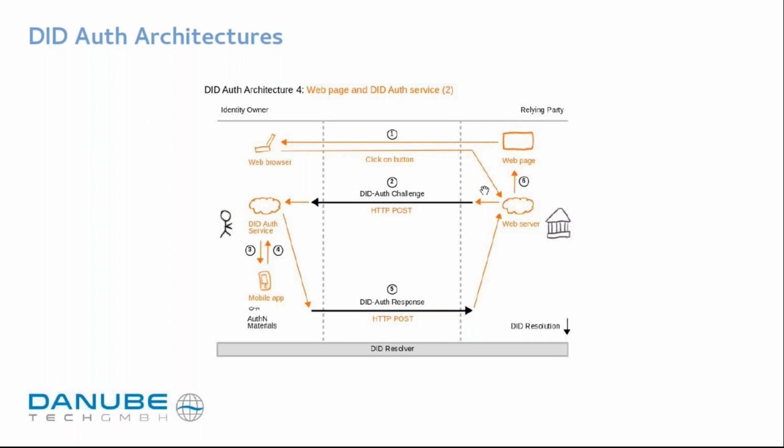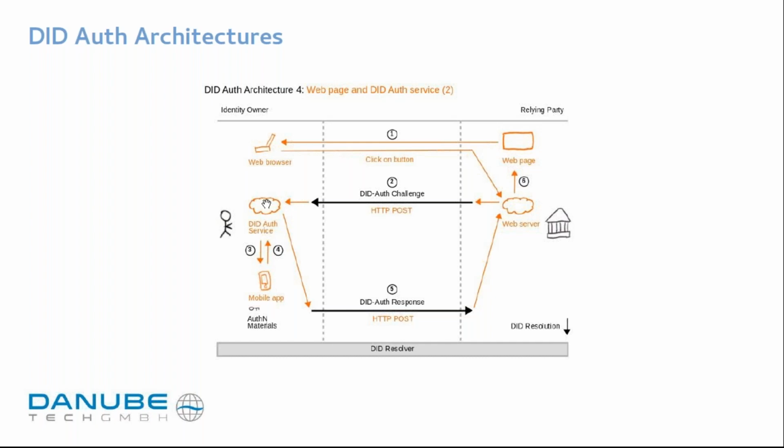Inside the DID document, there is this service endpoint where the relying party can send the challenge. The relying party will send the challenge to a DID Auth service endpoint, which is discoverable from the DID document, and then this is where the challenge is signed, and maybe this has interaction again with the mobile app.